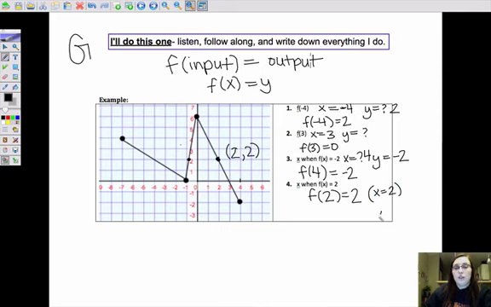I'm also looking for another x value when y is 2. So I go this way, and I see this point here lining up with a y of 2. And I think that's approximately negative 1.8. So I'm actually going to get rid of my equal to, and I'm going to use an approximately equal to. It's something around there. So f of negative 1.8 equals approximately 2.